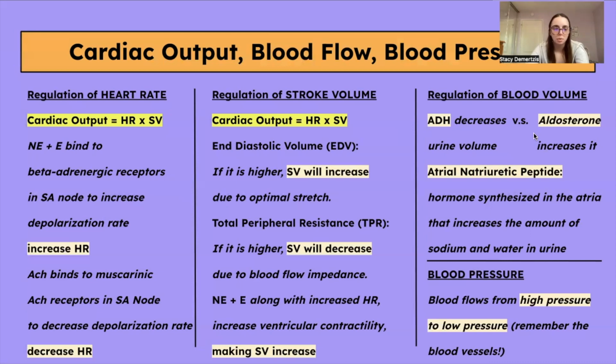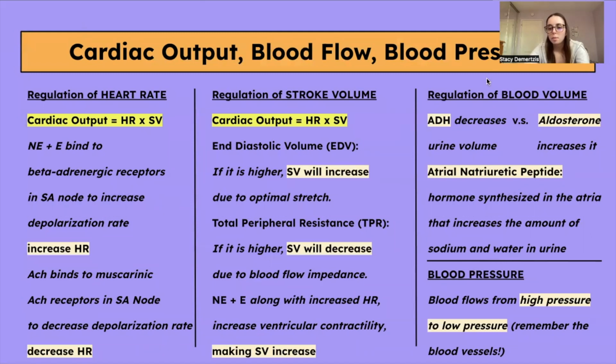So those are some examples, and I have at the top this equation: cardiac output equals heart rate times stroke volume. So basically how fast your heart is beating, how much is being expelled. We take those two factors together, we can measure how much output your heart is conducting.